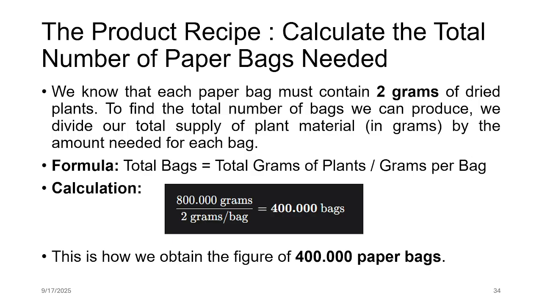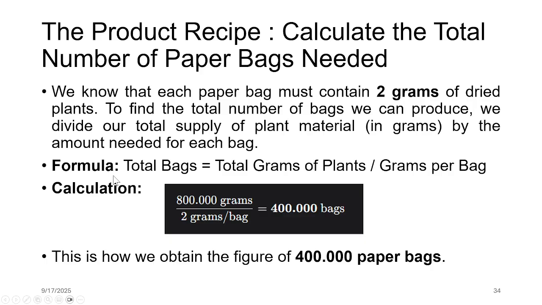We know that each paper bag of tea must contain 2 grams of dry plants. So in order to find the total number of bags we can produce, we divide our total supply of plant material in grams by the amount needed for each bag.